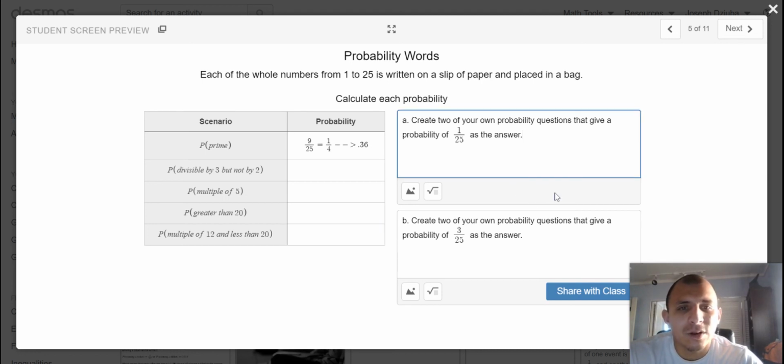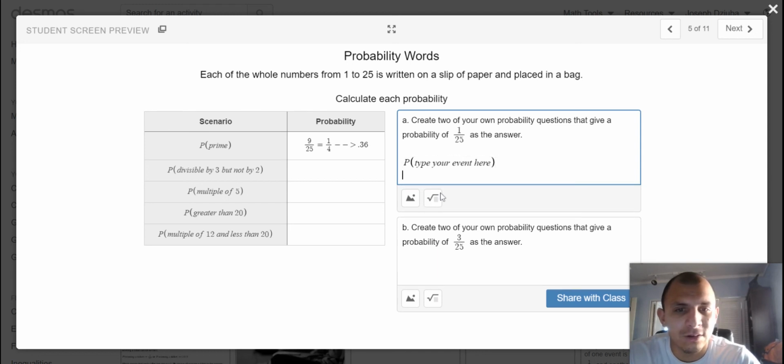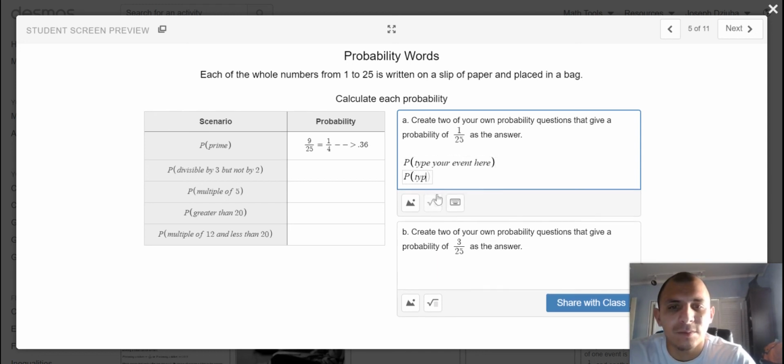And then you're going to be tasked with creating 2 of your own probability questions that give a probability of 1/25 as the answer. So here using the numbers again, and then 2 additional probability questions that give the probability of 3/25 as the answer. So you could start with the math button, probability of, and then type your event here, and then probability of, type your second event here.